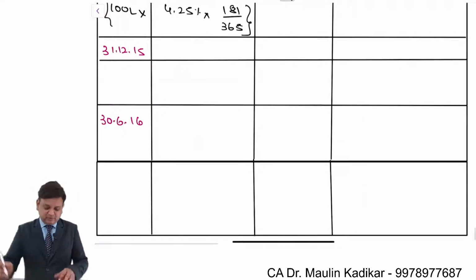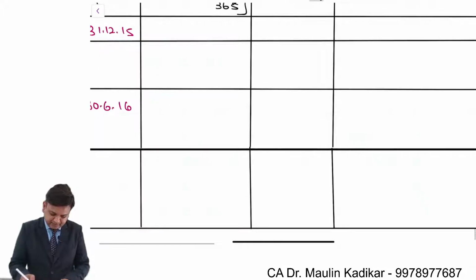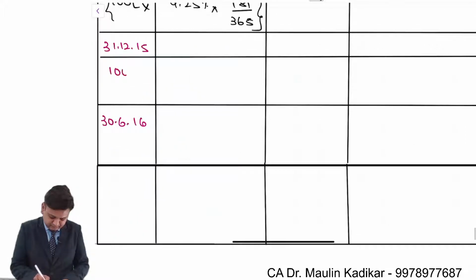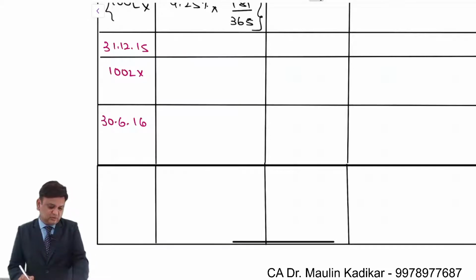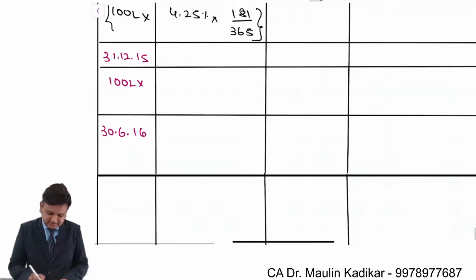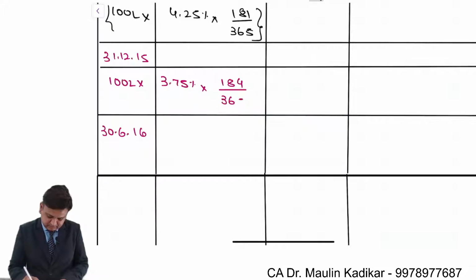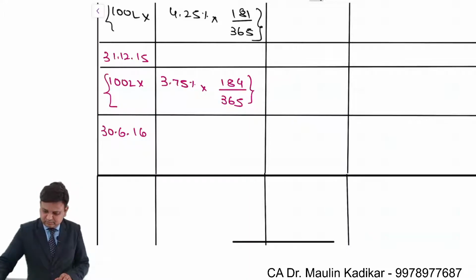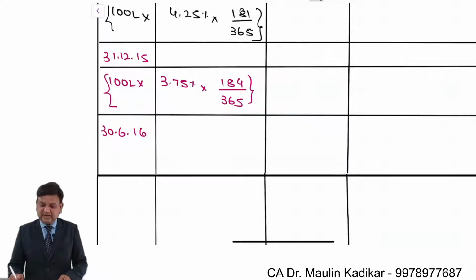Now 31st of December 2015, in that 100 lakhs into rate of interest is 3.25 plus 0.5, that is 3.75 percentage into 184 divided by 365. It comes to 1,89,041.